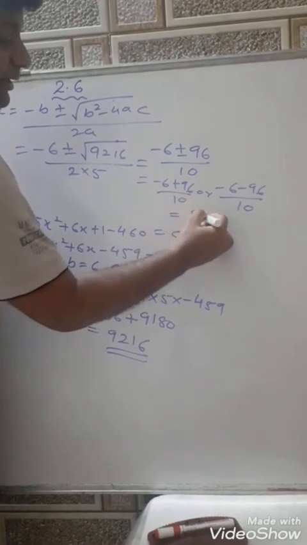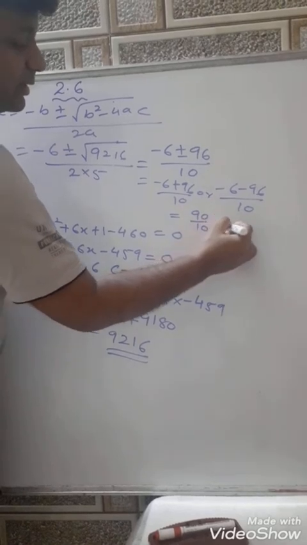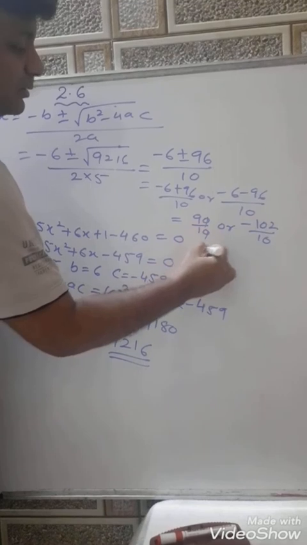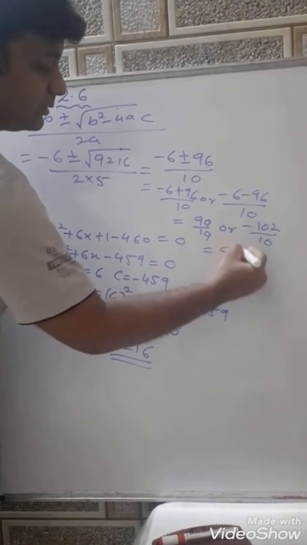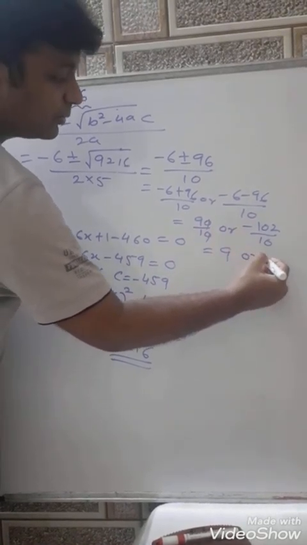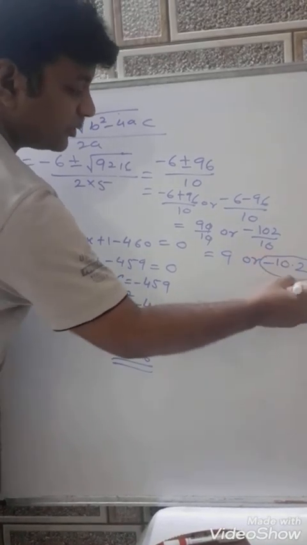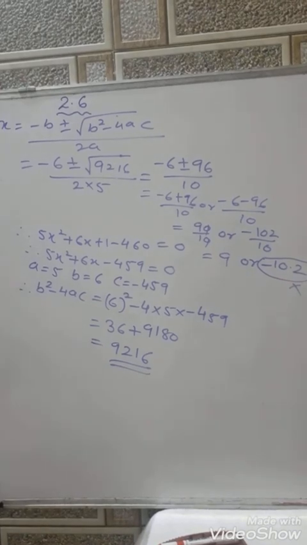So 90 upon 10 or minus 102 upon 10. So you get 9 or minus 10.2.